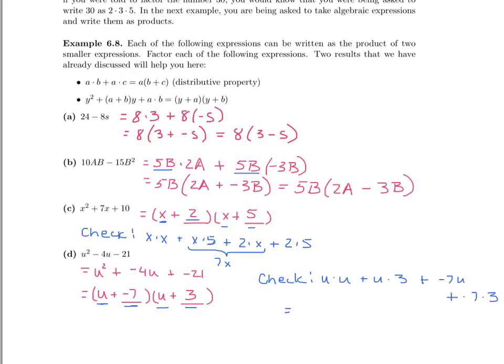Now let's simplify. u times u is u squared, and then we have u times 3, that's 3u, minus 7u, which is a negative 4u, and then plus a negative 21, or minus 21. And you can see that the result is the expression we started with. So that tells us that our factorization here was correct.